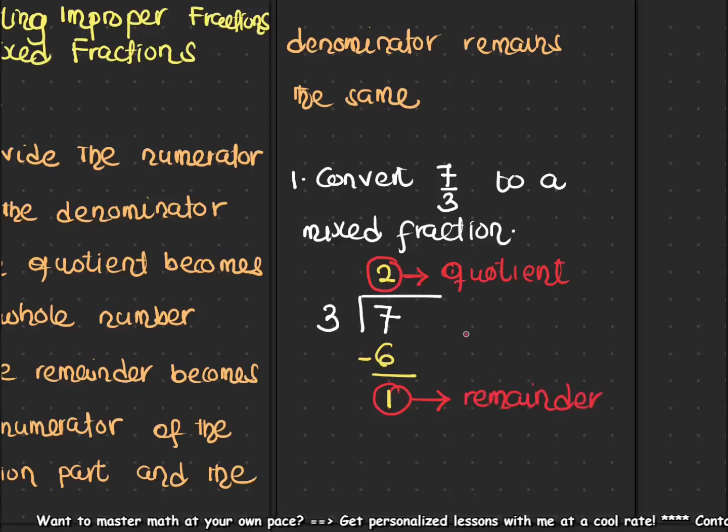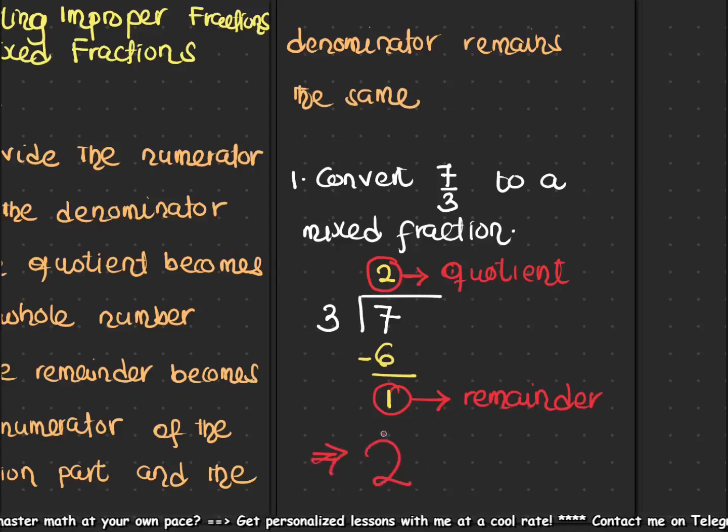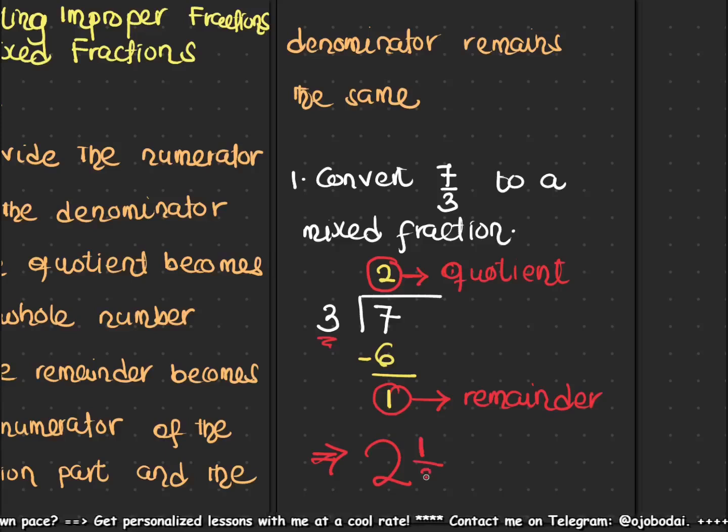To write the number as a mixed fraction, it then becomes the quotient, which is 2 whole number, then the remainder here becomes our new numerator. So 1 over this denominator, or what you used to divide, 3. Let me take that again. First of all, we are doing our division, 7 divided by 3.